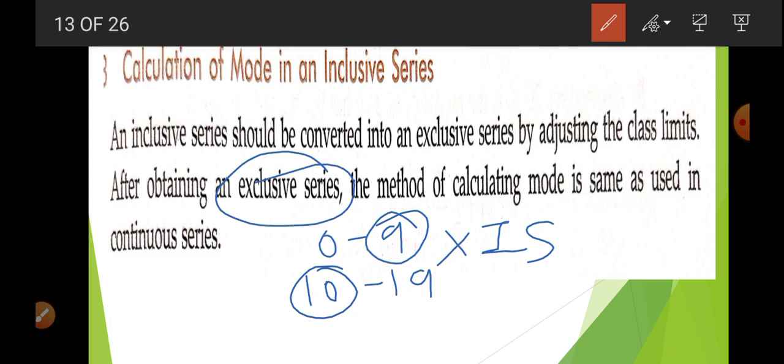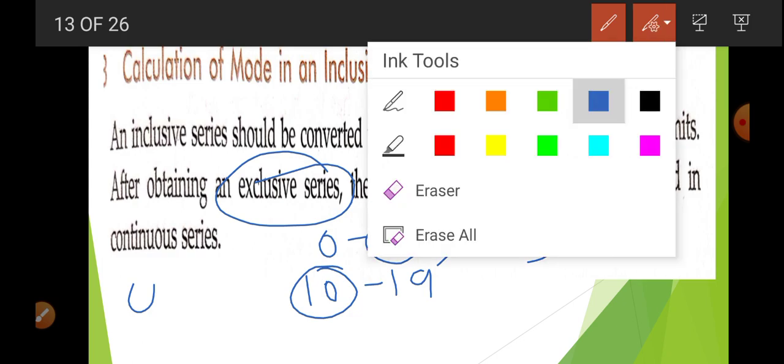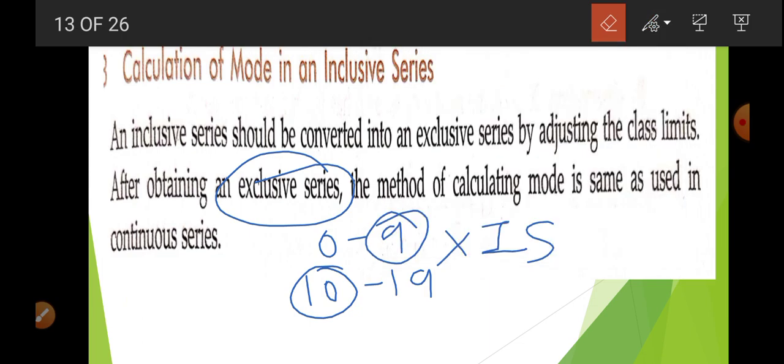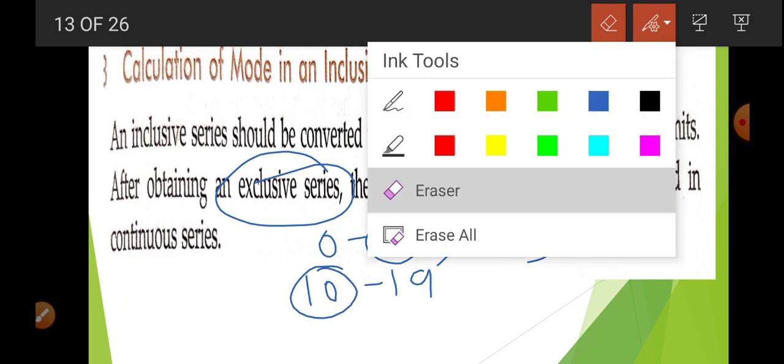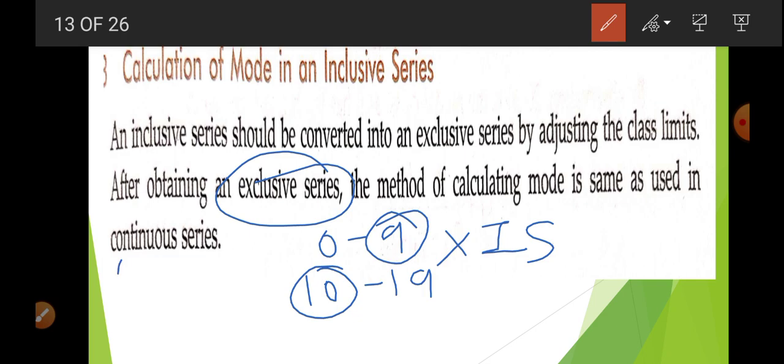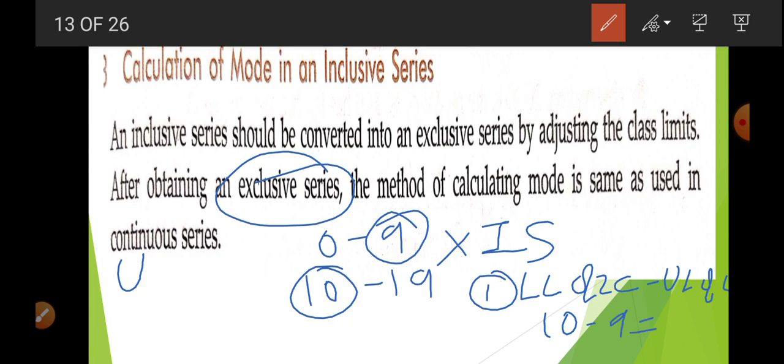The first step you have to follow is the lower limit of the second class minus the upper limit of the first class, that is, 10 minus 9, which is 1.